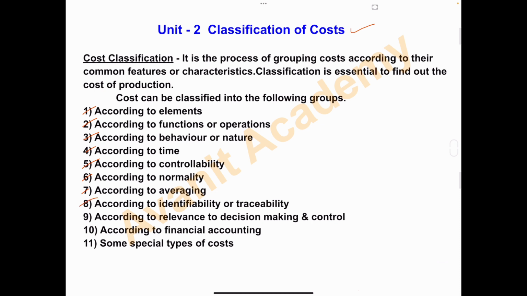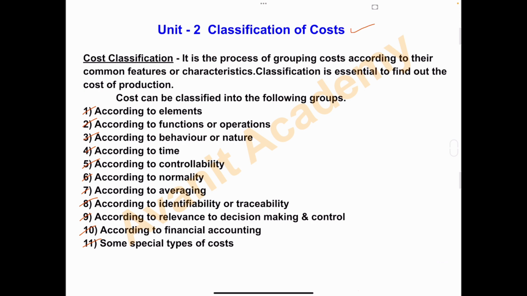Eighth, according to identifiability or traceability. Ninth one, according to relevance to decision making and control. Tenth, according to financial accounting. And the last one is some special types of cost. So the costs are classified into these 11 groups.